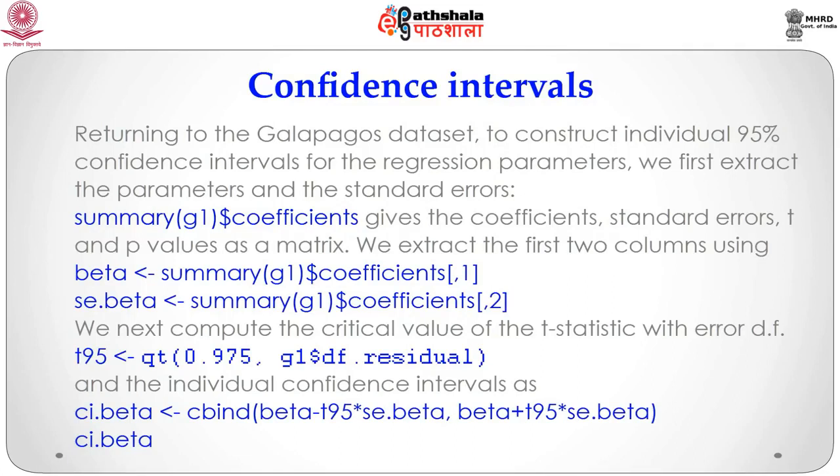The individual confidence intervals can then be constructed as ci.beta as beta plus minus T95 star SE.beta. Note that it is also possible to get the confidence intervals by running the confint option on the G1 object.